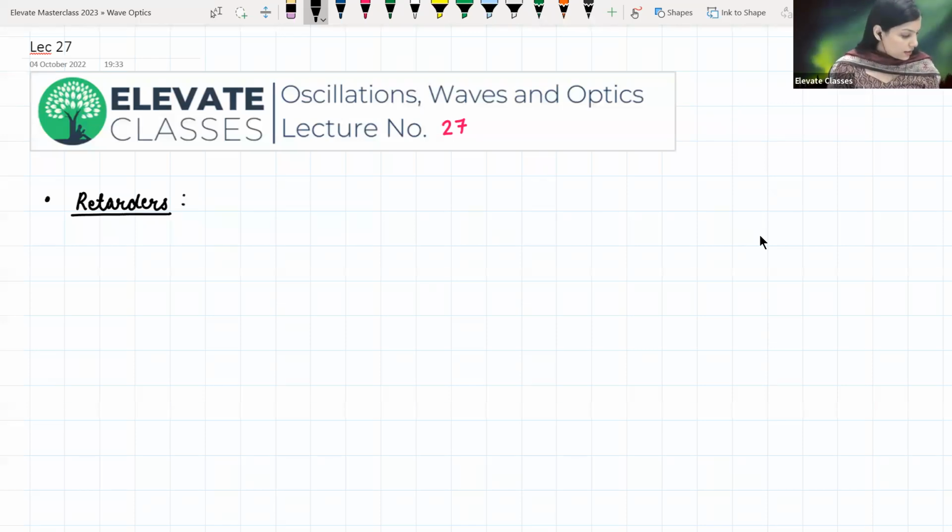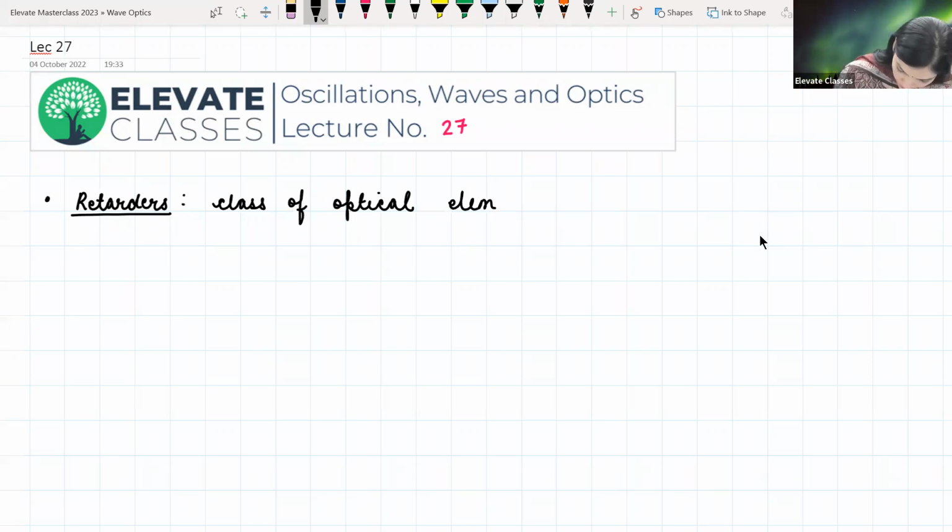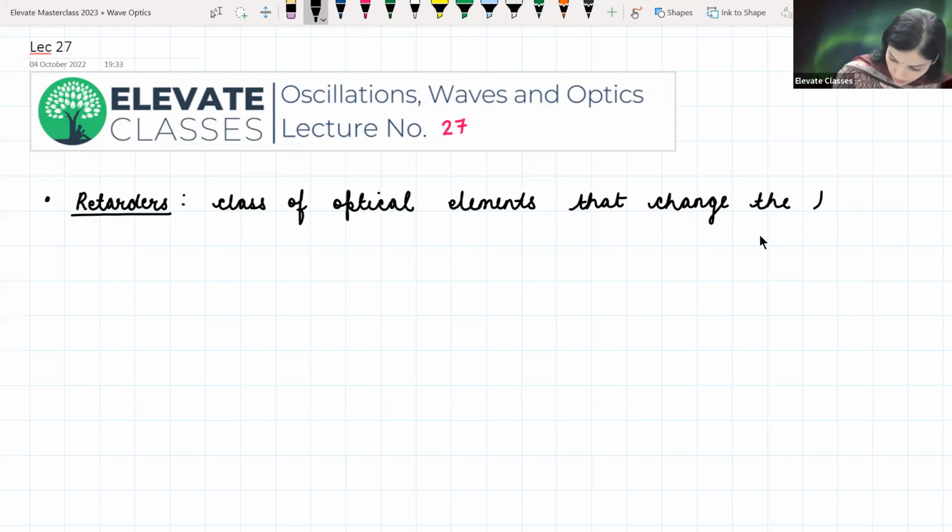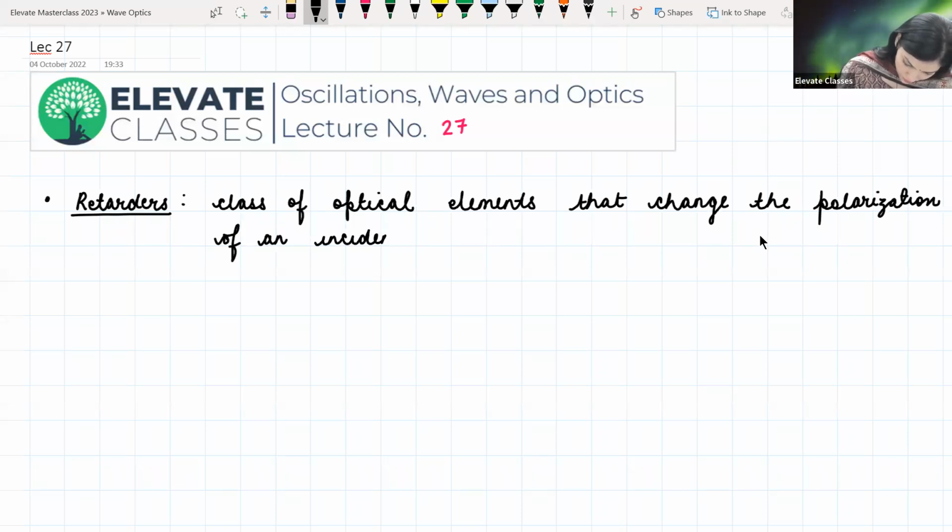Okay, so what are retarders? So retarders are a class of optical elements that change the polarization of an incident wave.